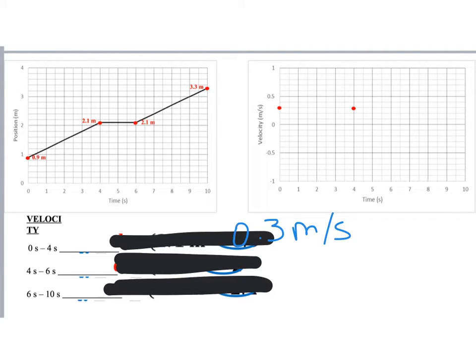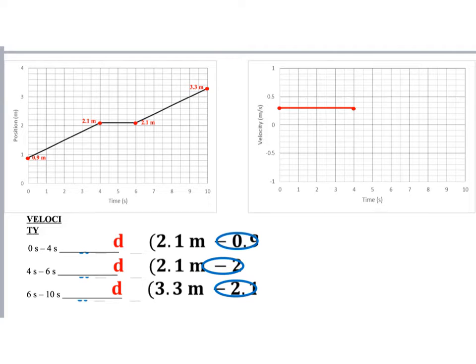At 0 seconds, we start at 0.3 meters per second, right here. At 4 seconds, we're still going 0.3 meters per second, so we made another dot there. And then the next thing that you have to do is draw a line to connect them. So you can see that we've got our first part of our graph here.